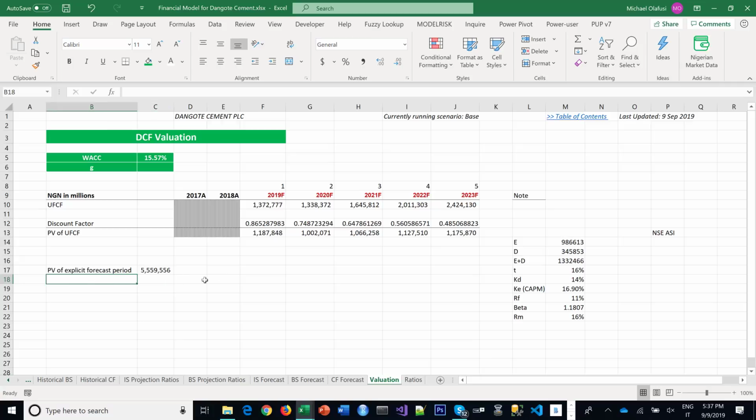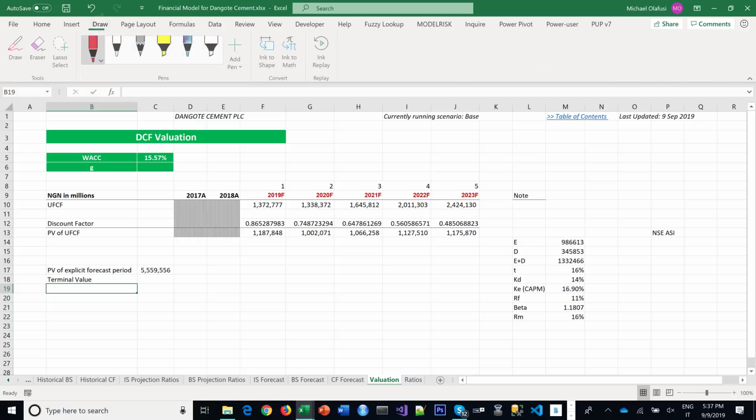But we also need to get the terminal value. Now the company does not just die after 5 years. It's going to be in existence after 5 years, right? So there's a rule to how you can forecast for it.